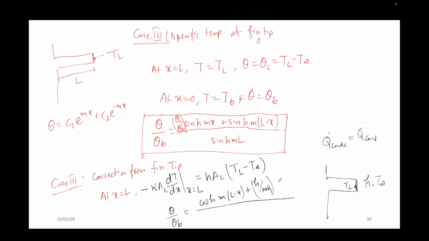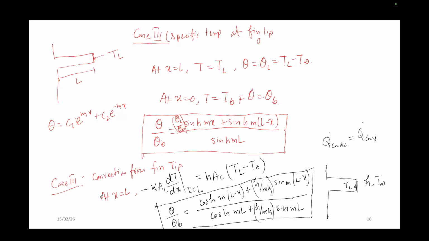It has h by mk times sinh, then cosh m(L minus x), and the denominator is the same, only x should not be there. I am not giving you the equation for Q, because I hope you understand this. So the boundary condition is clear to you.